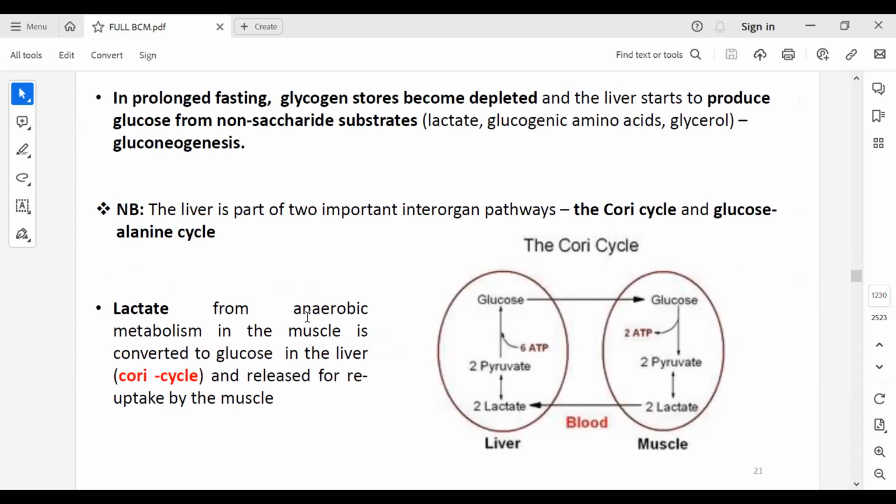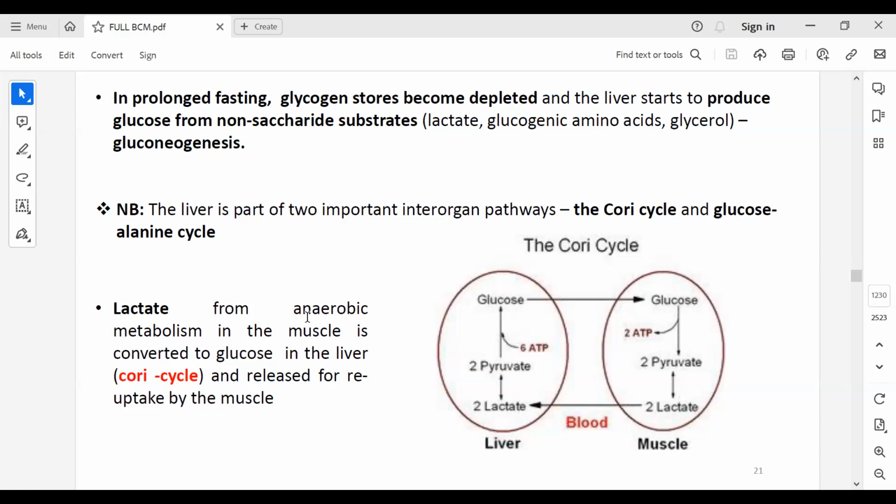This is what we've been talking on Monday about the Cori cycle, what Hira was talking about also. So in prolonged fasting, if all your glycogen stores become depleted, then the liver will start to produce glucose from other non-saccharide substrates like lactate, like glucogenic amino acids or glycerols. So what it will try to do is gluconeogenesis.